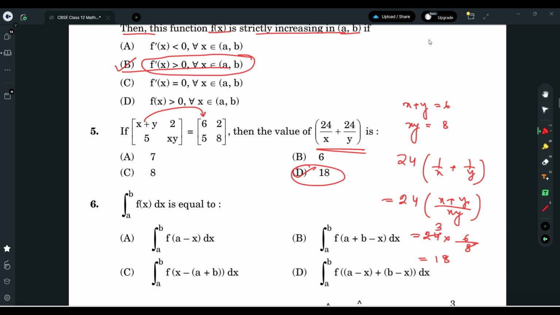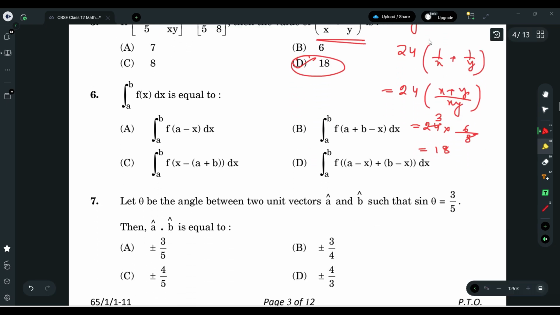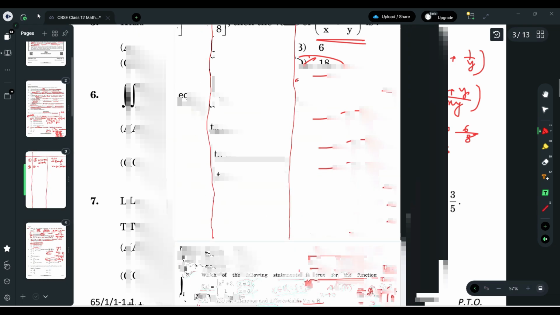Next problem. Integration from a to b, f(x) dx is equal to... This is a direct question from the properties of definite integrals. Integration from a to b, f of (a plus b minus x) dx is equal to integration from a to b f(x) dx. This is the correct option. So you can write these things like here.